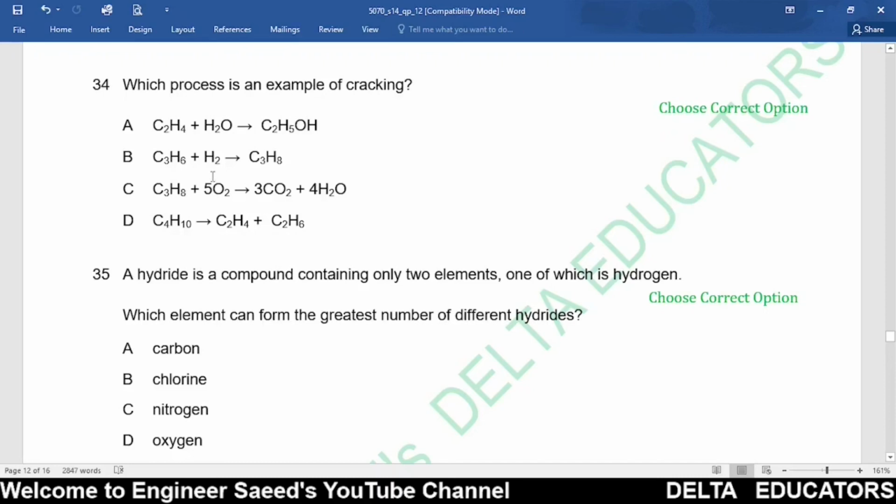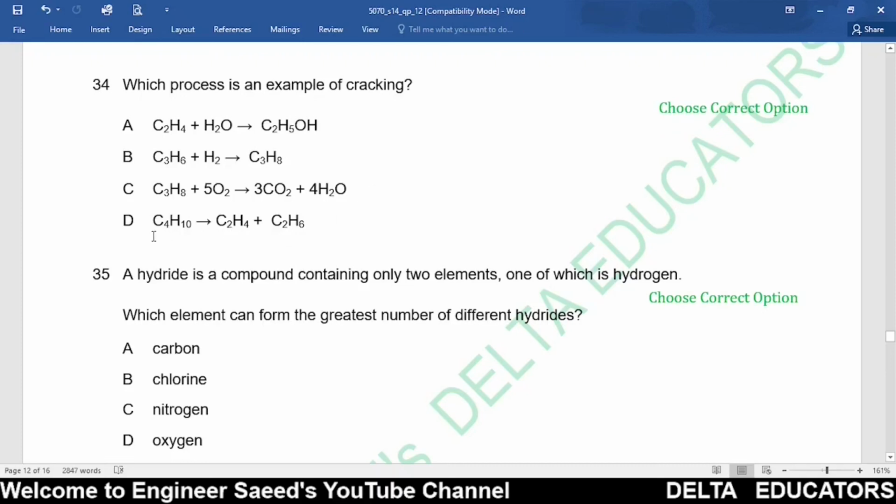Propane is reacted with oxygen and we get carbon dioxide and water. This reaction is called combustion because here we are reacting propane with oxygen, and in this reaction we will get heat and light. So this reaction is combustion. So number 1 is addition, number 2 is hydrogenation, number 3 is combustion.